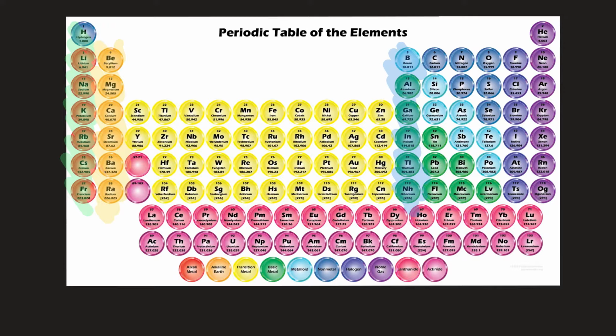Interestingly enough, these groups, some more profoundly than others, often have very similar characteristics, to the point that we will actually give that group a particular name, because these elements act alike. Sometimes we call groups families, because the elements within the same column tend to act very similar to one another. Let's talk about some of these groups.